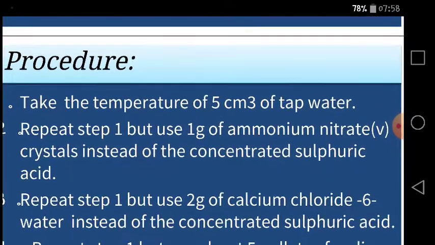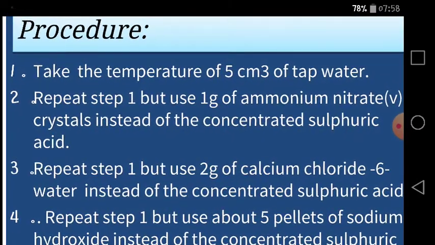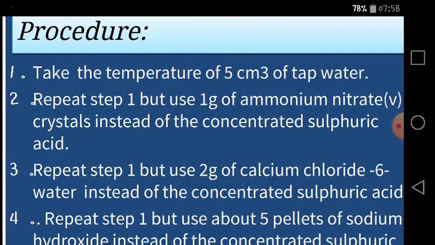Dear students of LPS, now we are moving towards the procedure. Step 1: take the temperature of 5 cubic centimeters of tap water and then add 2 drops of concentrated sulfuric acid to the water and stir it well. Take the temperature of the mixture.